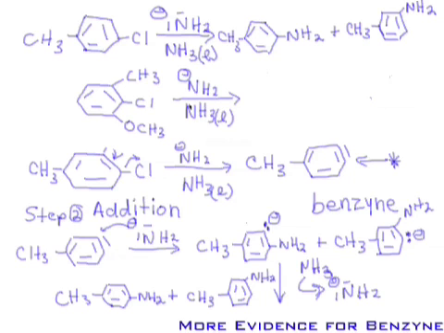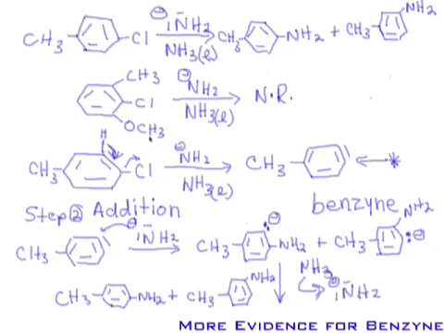If you hit this guy with this powerful base, he can't follow this mechanism because there are no protons to pull off and eliminate HCl. You must pull off an H next door to the Cl to lose the HCl. Okay? You can't transfer the electrons if you don't lose the H. And because there's nothing to pull off, there's no reaction.